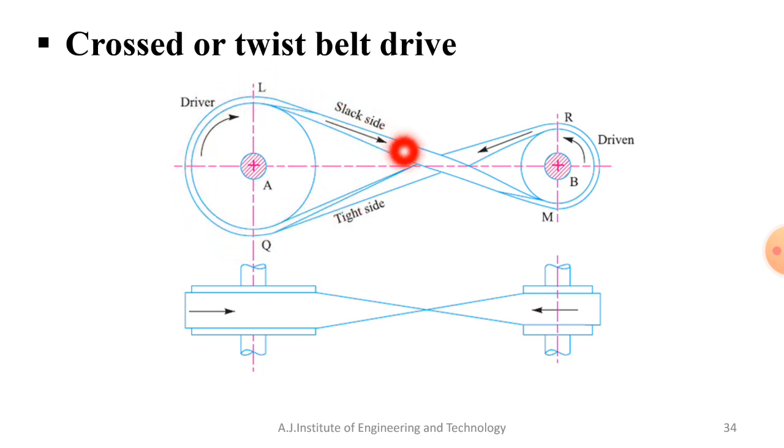This is the manner in which the belt crosses itself, so that is why it is called a crossed or twist belt drive. You can see the layout from the top side: this is the belt, and the belt is crossed.